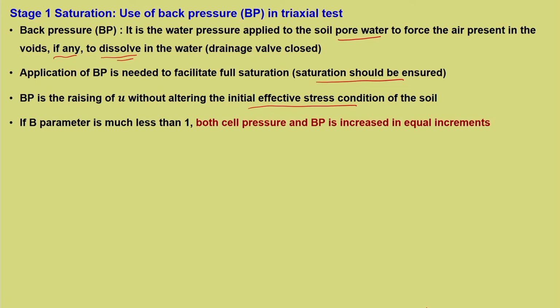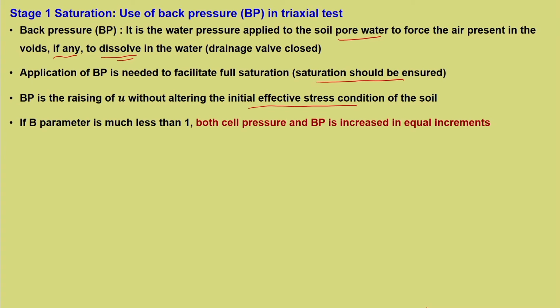Now, you will probably understand the importance of discussing pore water pressure. In the lectures we had on pore water pressure, we discussed the A and B parameters. There, we specifically told that the B parameter is used for assessing soil saturation. So, that application will come here. So, you check the B parameter. What do you do for checking the B parameter?